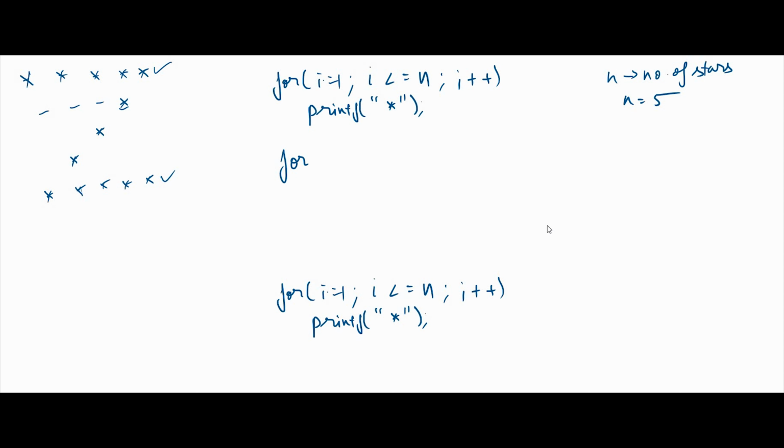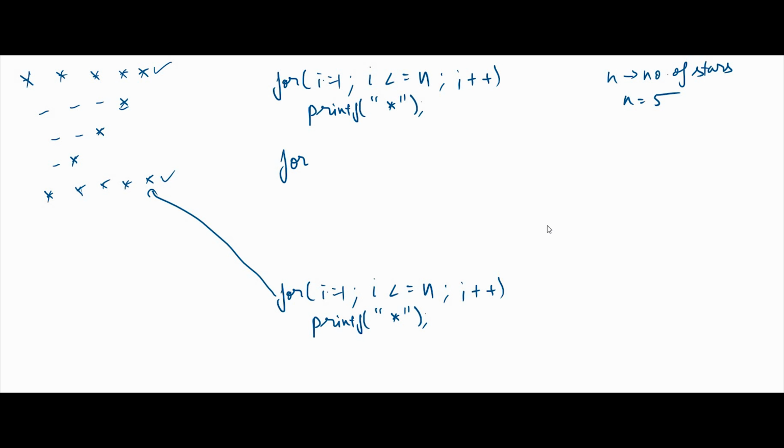So after printing the first line, when we move to the next line, we need 2 loops: one which will move from this first level to the next level, and another one which will move across each level.